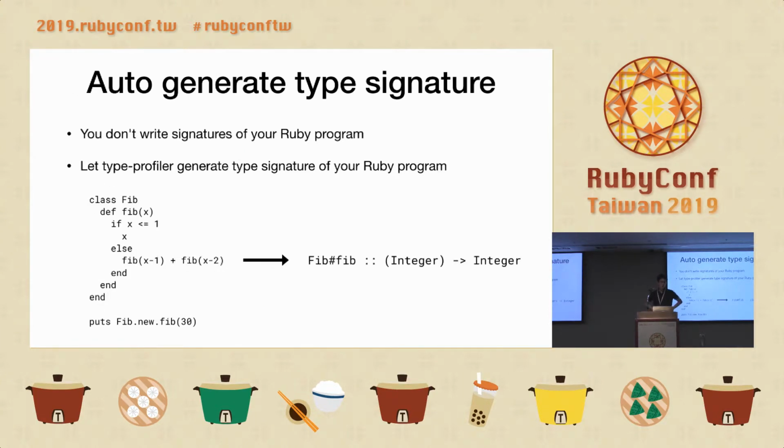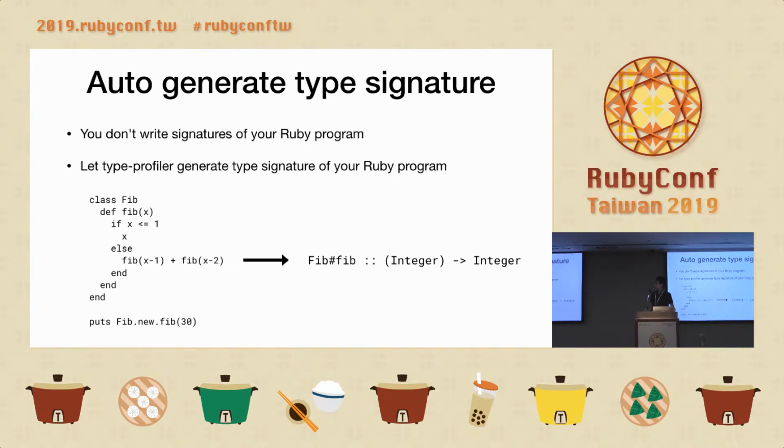The next one is that you can generate the type signatures of your libraries. You don't write the signatures of your Ruby program yourself, but you can let the type profiler generate the type signatures of your Ruby program.